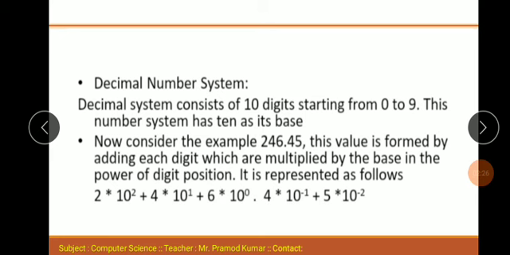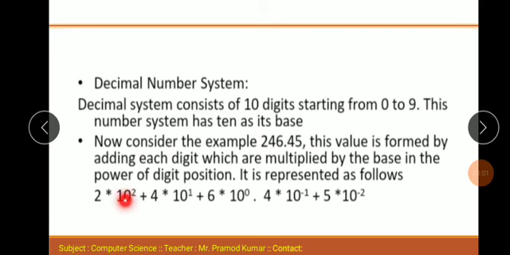Now consider the example 246.45. This value is found by adding each digit multiplied by the base raised to the power of its digit position. Before the decimal point, in 246, it is 2 into 10 to the power 2, because 6 is at position 0, 4 is at position 1 and 2 is at position 2.